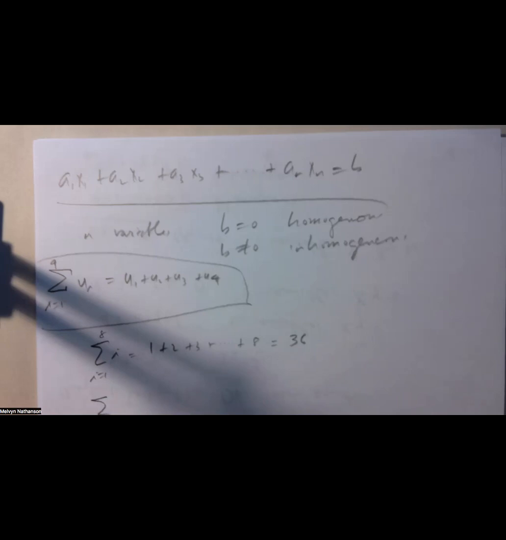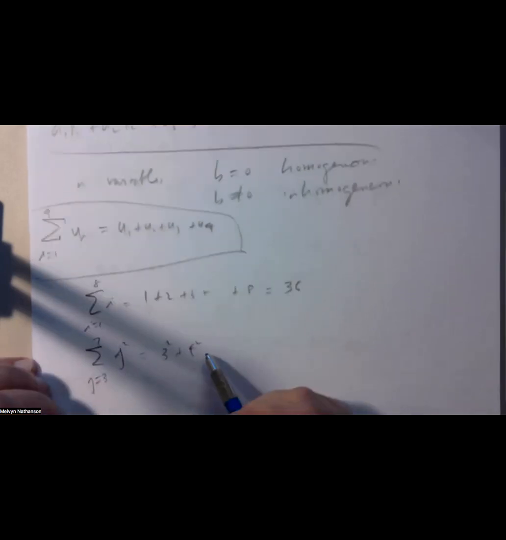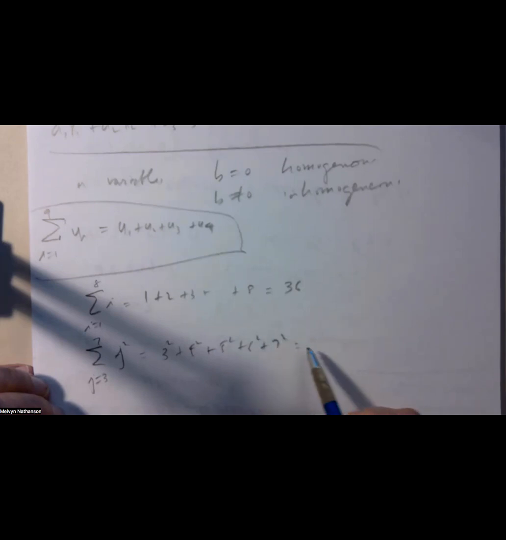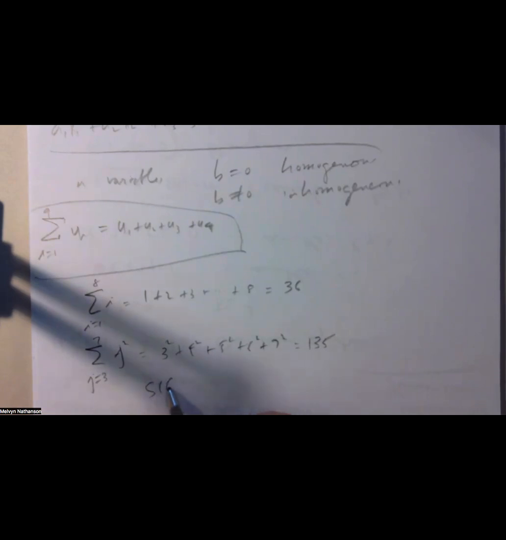Or if you add, it doesn't matter what letter you use for summation. If you have summation j goes from 3 to 7, j squared, this means 3 squared plus 4 squared plus 5 squared plus 6 squared plus 7 squared. If you add it up, I believe it comes to 135. So this is what is called sigma notation.